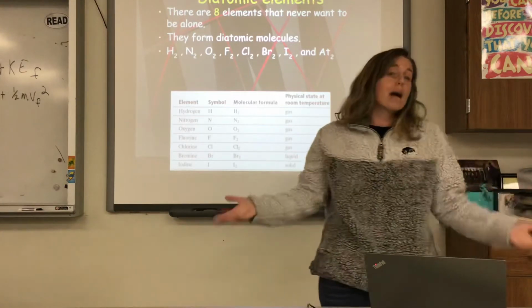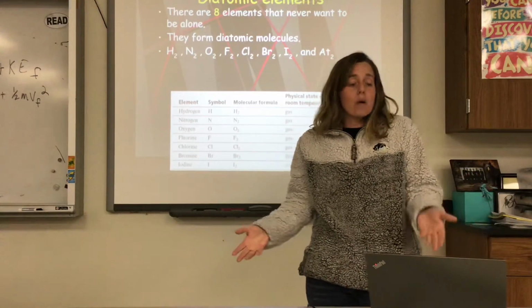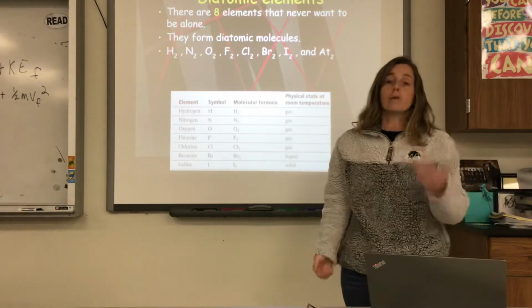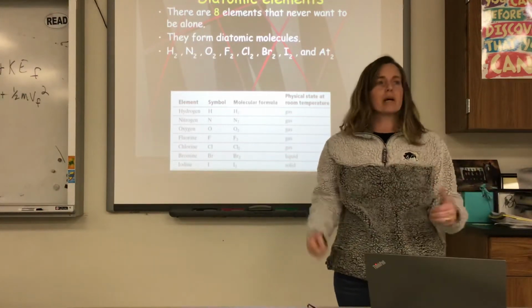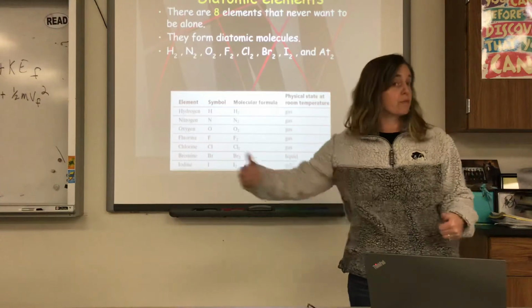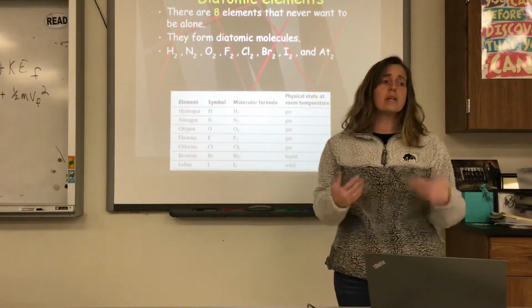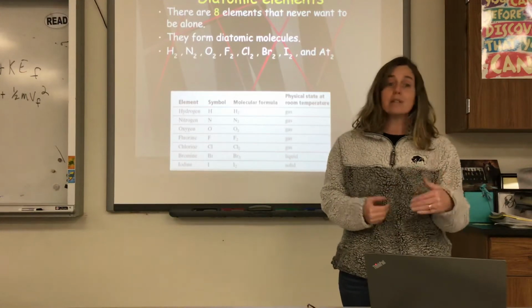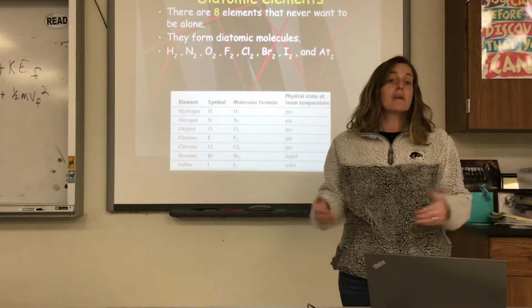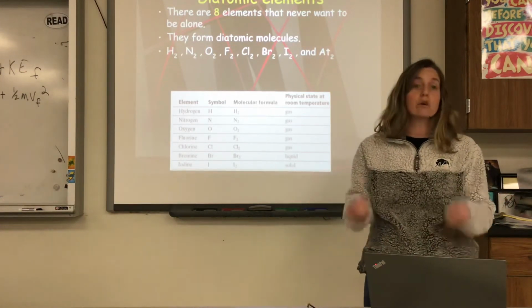Now you ask, why is that important to know for chemistry? Well, when we start building these formula equations, and I say I'm going to react hydrogen with oxygen to form water, you need to understand when you're building the formula equation that hydrogen is not just H, okay? Because hydrogen can't exist in nature singularly.